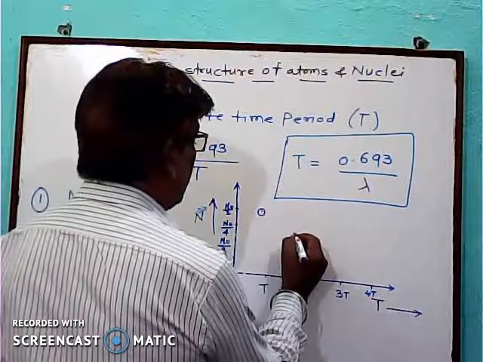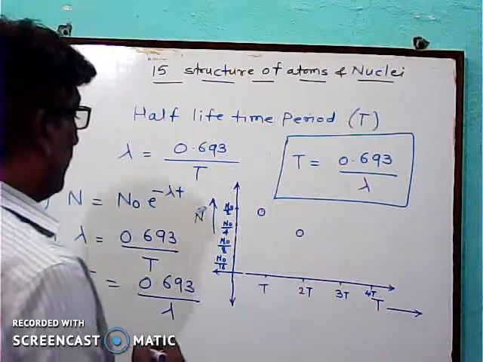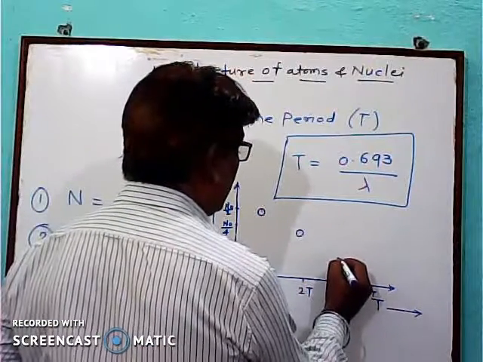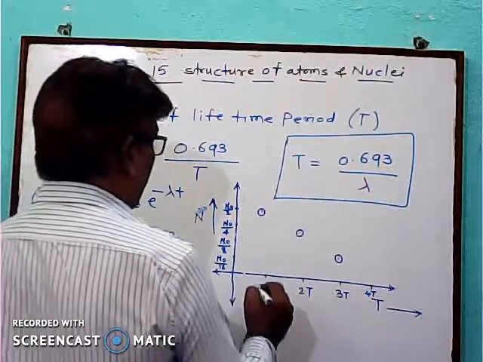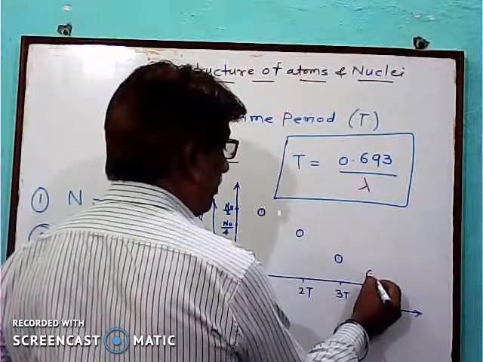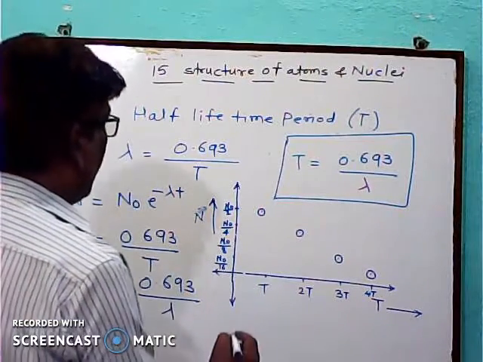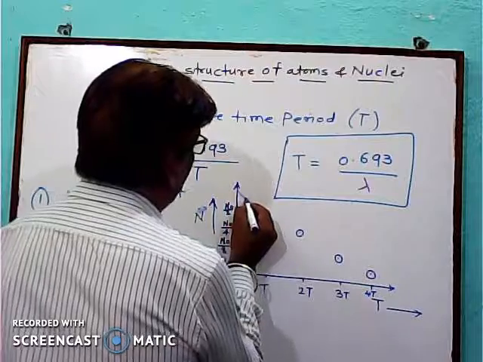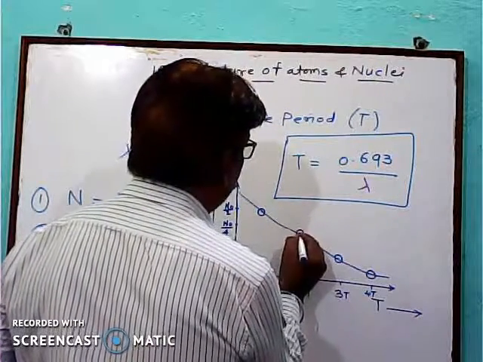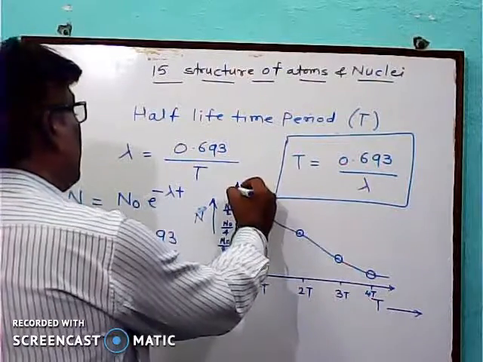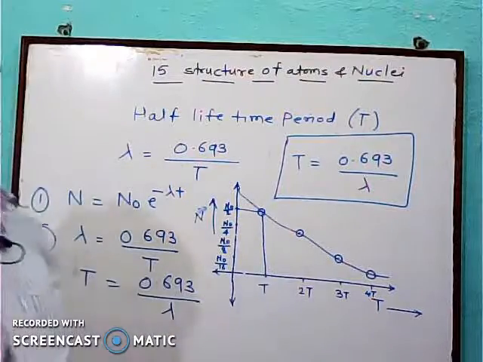For time 2T, it will be reduced to N0 by 4. For 3T, it will be reduced to N0 by 8, and for 4T, it will be reduced to N0 by 16, so that a curve will be obtained, and this curve represents the decay curve, because in time capital T, the substance is reduced to half.